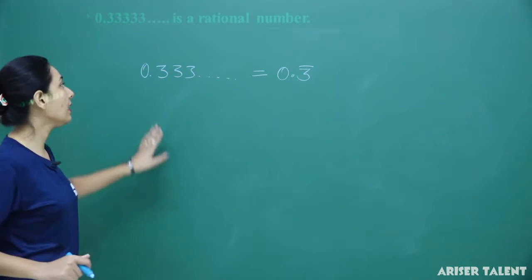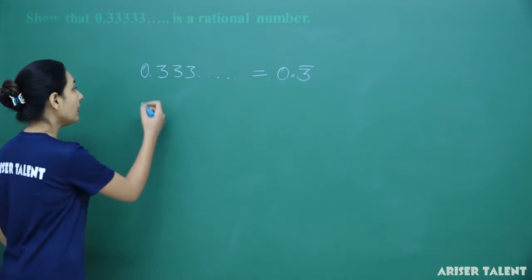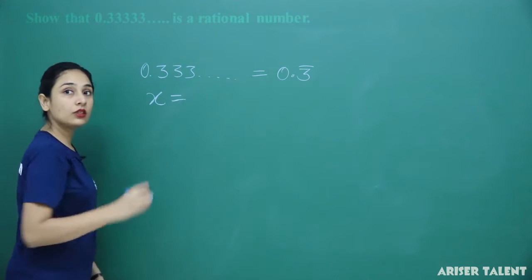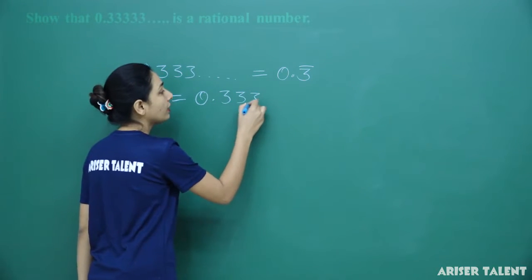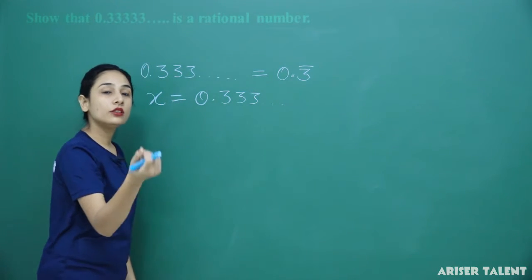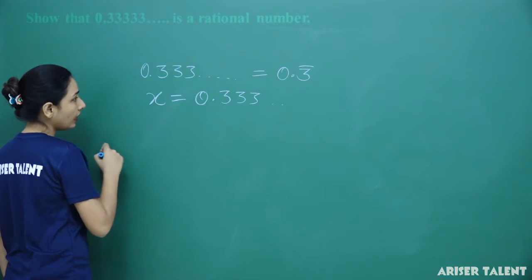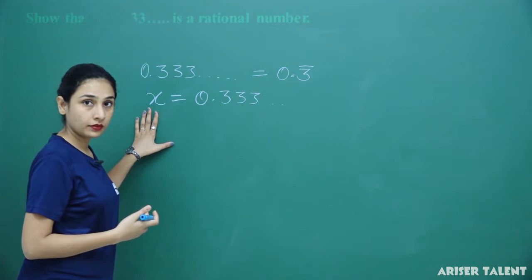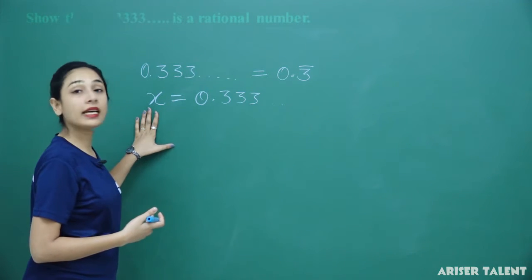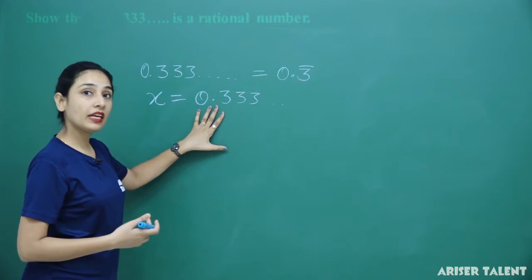So, can I just have this 0.3333 as x, okay. So what will I do? I will be putting x equals to 0.333 and so on, or you call it 0.3 bar, okay. So if that is so, and if I multiply this x by 10, what will happen? This has to be multiplied by 10 also.